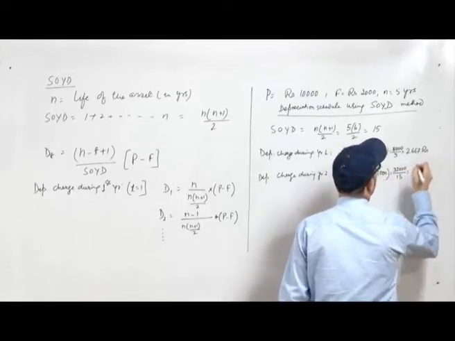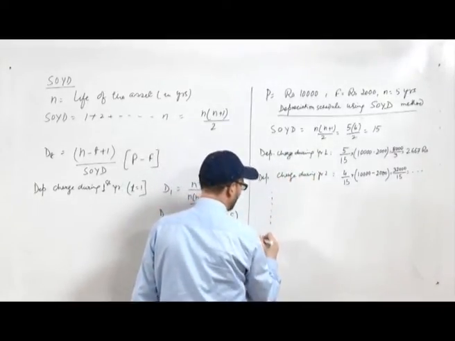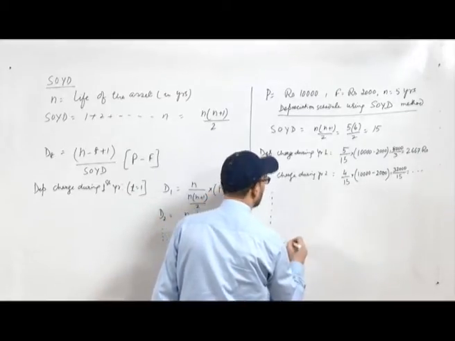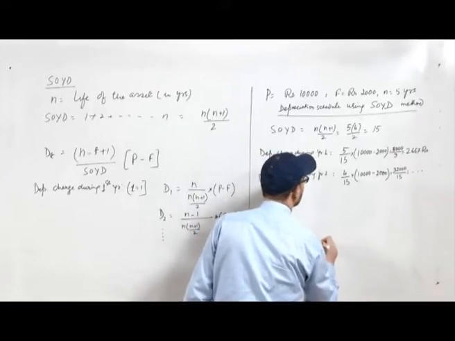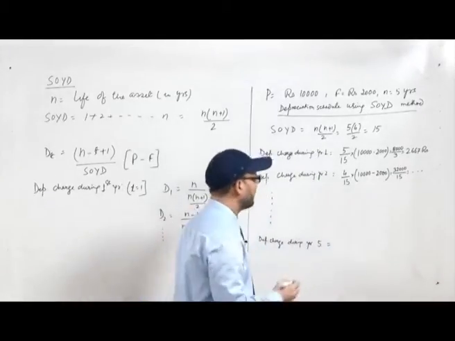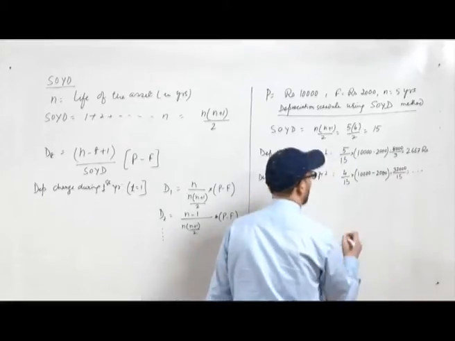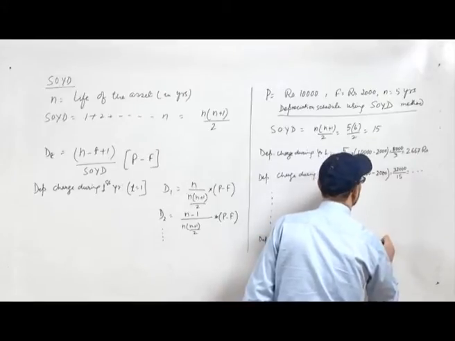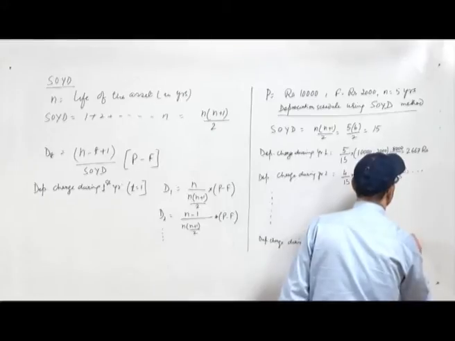Similarly, you can calculate it up to year 5, where it will be 1 upon 15 into 10,000 minus 2,000, so it will be 8,000 by 15.